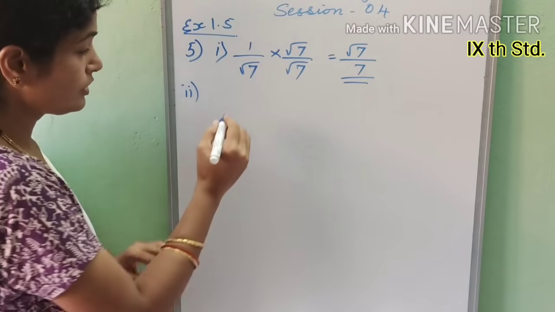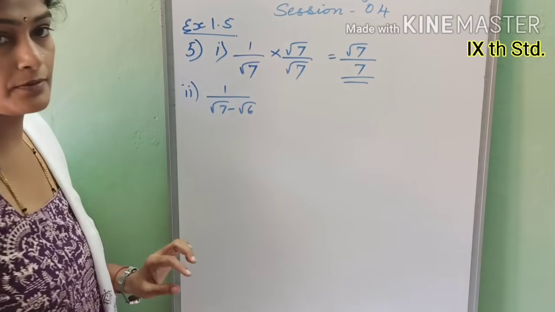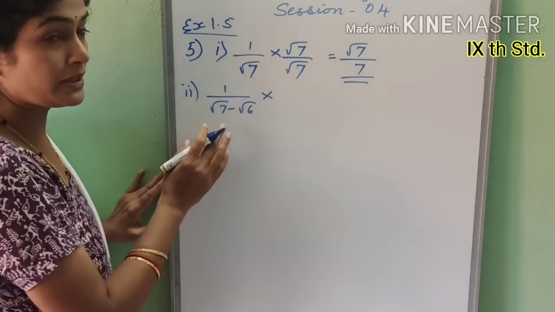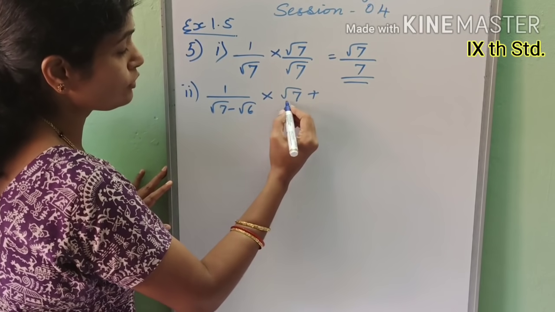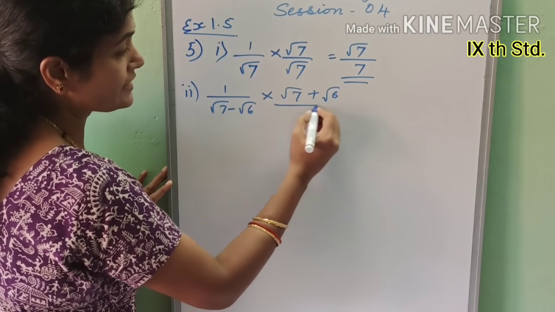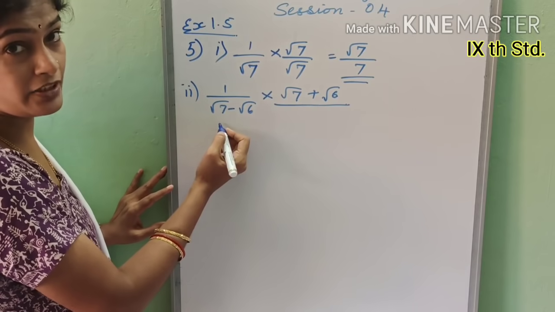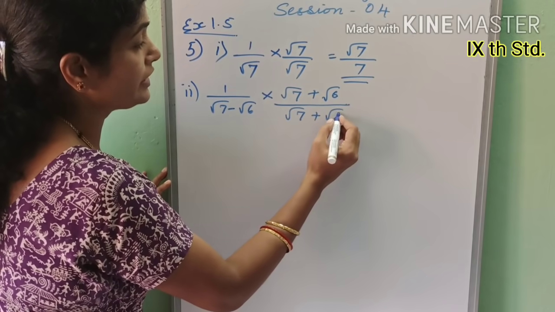Next one is 1 by root 7 minus root 6. Rationalizing it, we will multiply by a suitable number. Here, the minus sign changes to plus, so root 7 plus root 6 is known as the rationalizing factor of root 7 minus root 6. Multiply and divide by it.